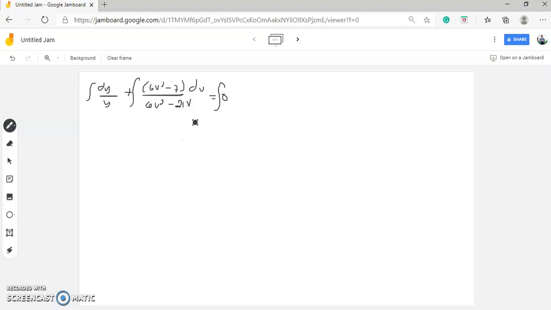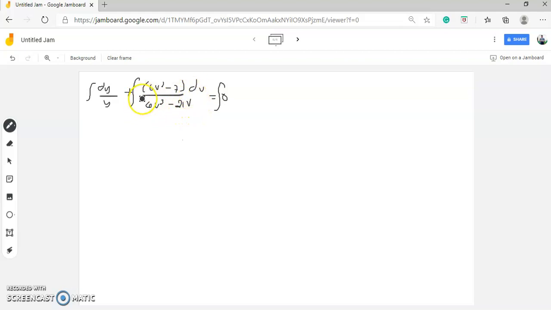Or maybe we are trying to do partial fraction, integration by parts, trigonometric substitution. If you make this denominator as our u, then what are we trying to accomplish?